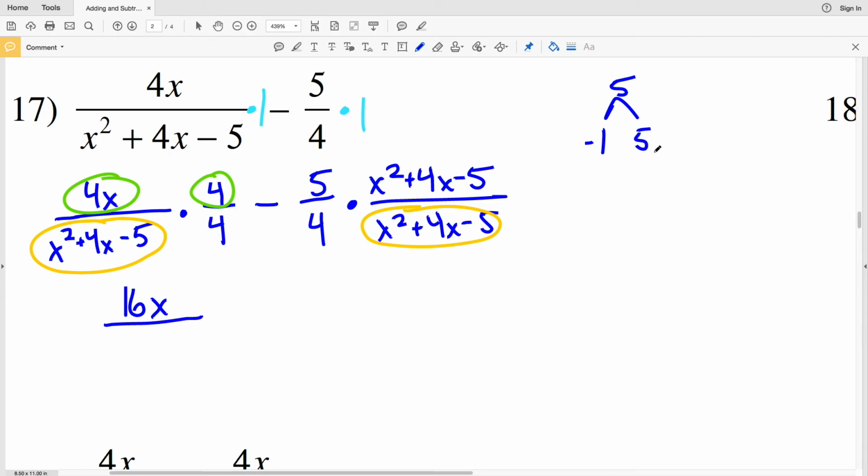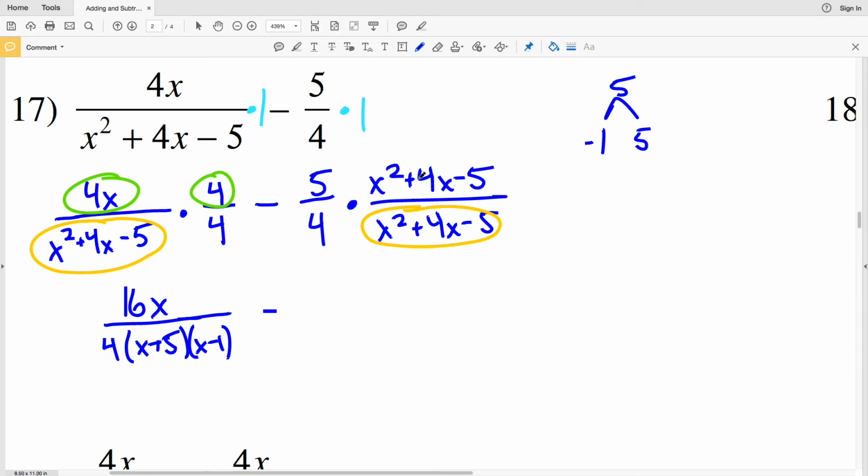Negative 1 plus 5 is positive 4 and negative 1 times 5 is negative 5. So rewriting x squared plus 4x minus 5 as x plus 5 times x minus 1, that factored quadratic will get multiplied by 4. So I'll have 16x over 4 times x plus 5 times x minus 1.